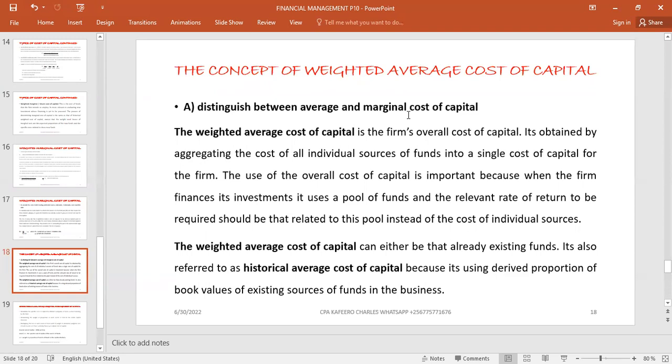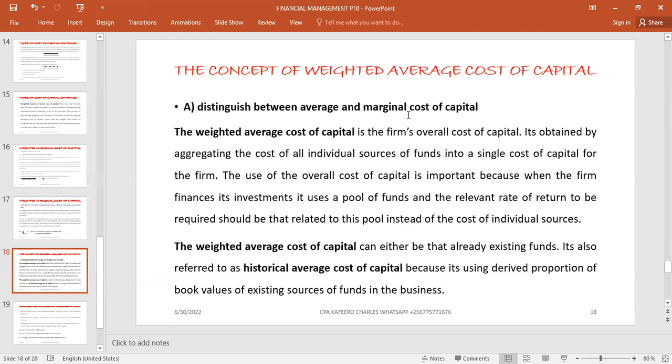To compute these costs, you get each specific cost and you multiply by the weights, as we are going to see the steps of how we compute each of these. When we get that, then we sum them up.